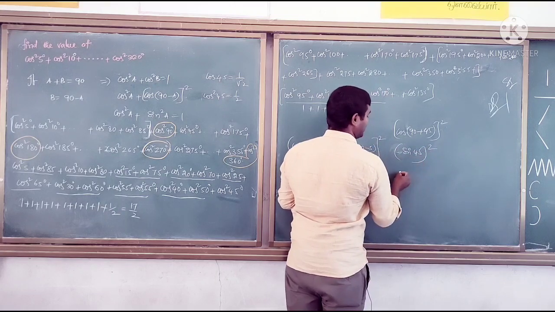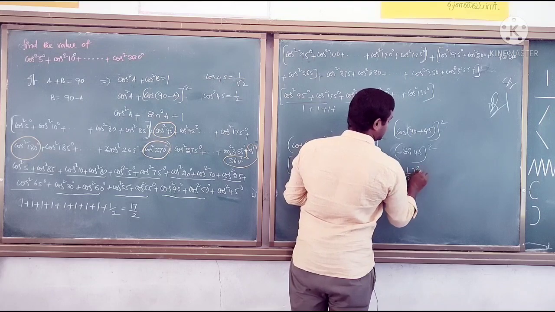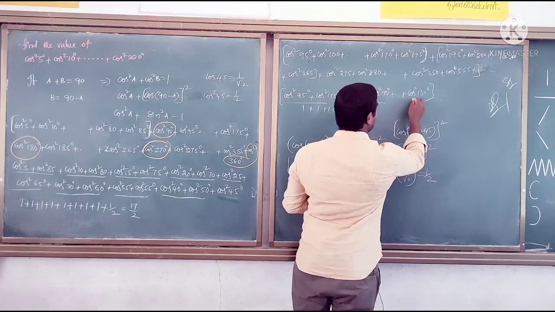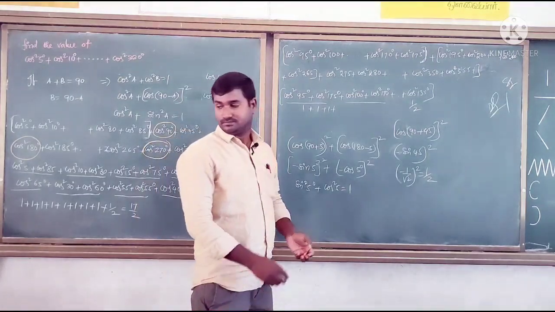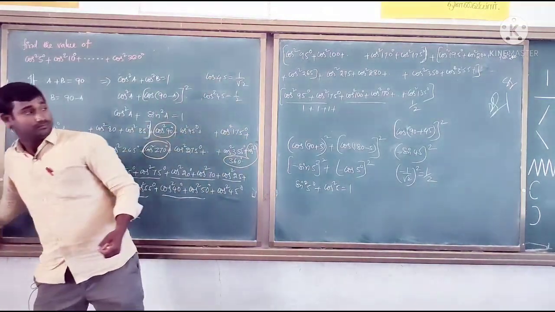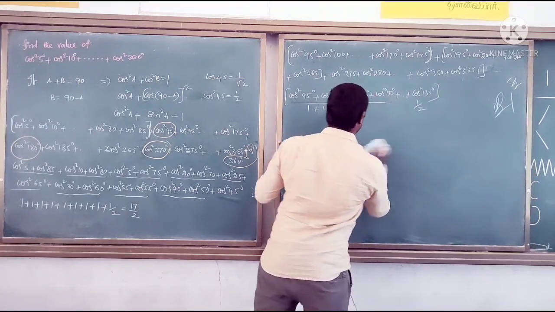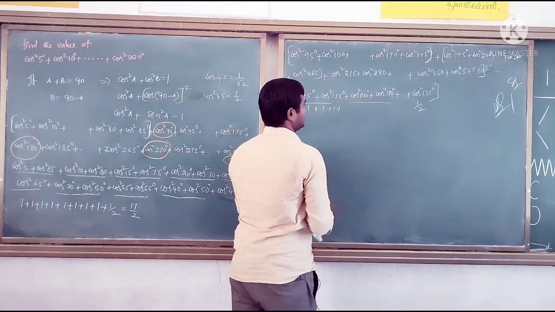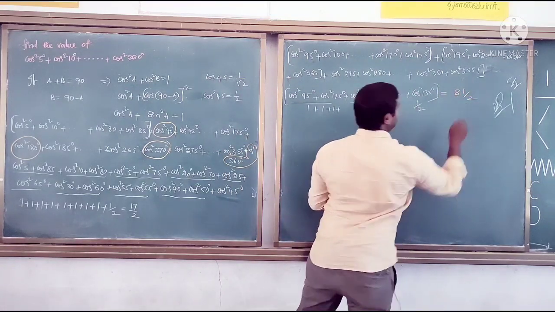Sin 45 is 1 by root 2. So minus 1 by root 2 whole square is equal to 1 by 2. So this value is 1 by 2 only. So the value of this bracket is equal to 8.5.